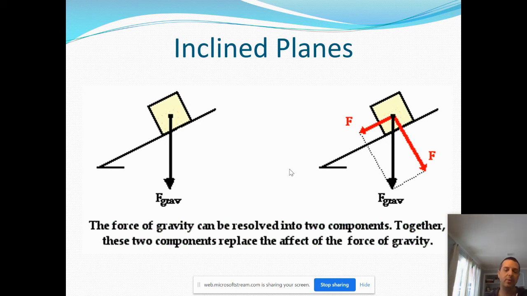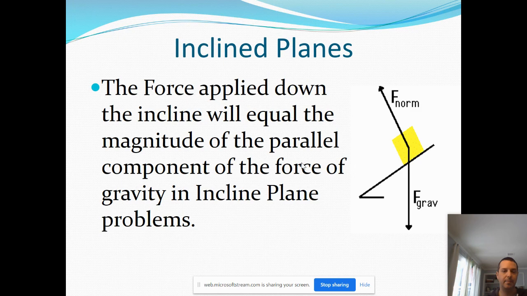Over on the right, you can see that I've split the gravity into two components. One component that is parallel to the incline, and the other component which is perpendicular to the incline. Once we resolve these gravitational forces into their respective components, we can then do more analysis on the motion on an incline.